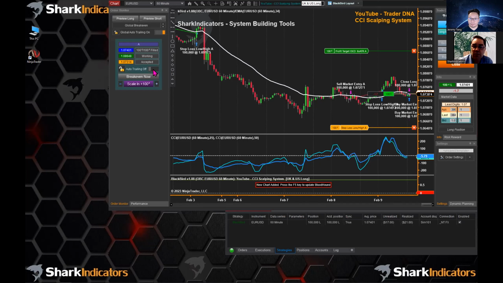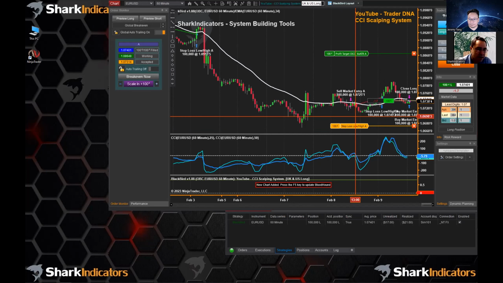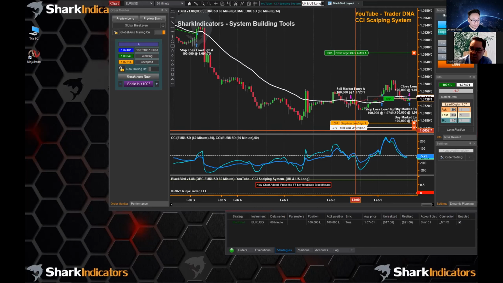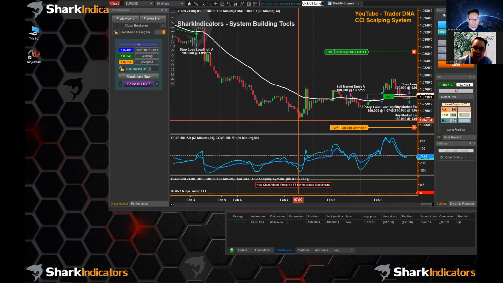And so when you're ready for the auto trailing to turn back on, because obviously, if you're moving your stop loss around, if the auto trailing was left on, well, then the computer would just snap your stop loss right back to where it wants to go. So obviously, you have to turn off the auto trailing when you're manually moving your stop losses around yourself.